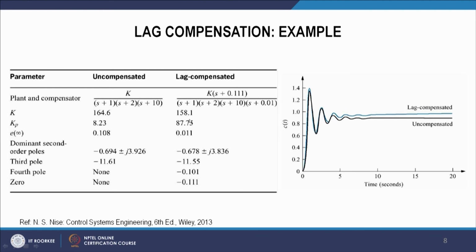This is Kp, and here we can see the response of the uncompensated system and the lag compensated system. We can see that the lag compensated response improved the steady state error, but not to zero steady state error; there is some finite steady state error.